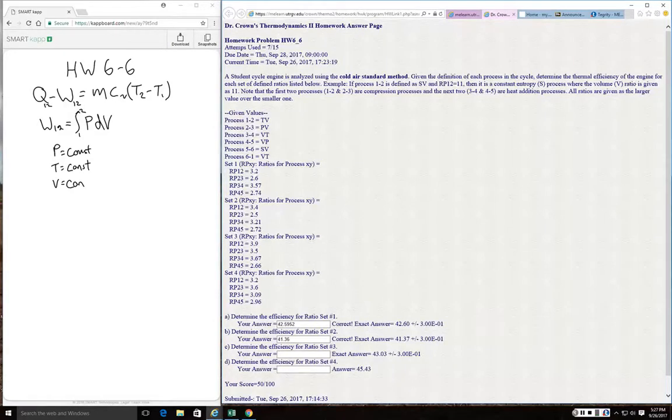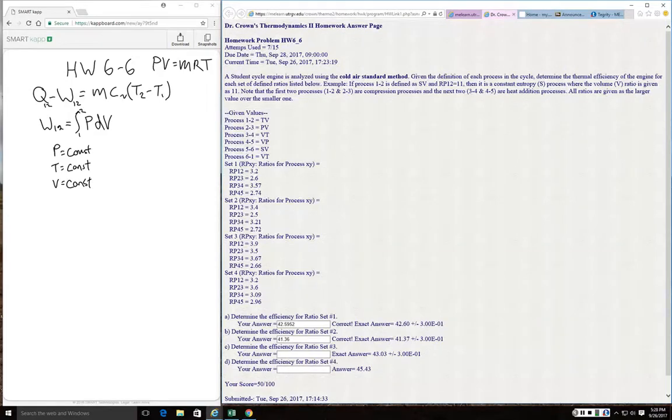One more equation I'm going to write up here at the top is that PV equals mRT. So we're assuming constant specific heats, air is an ideal gas, and then making some other assumptions for each process. So let's start with, what if the pressure was constant for some process?